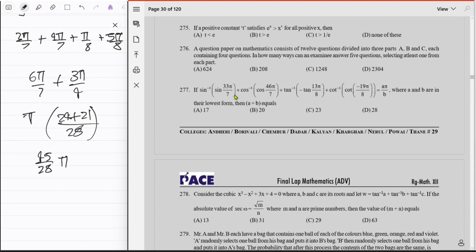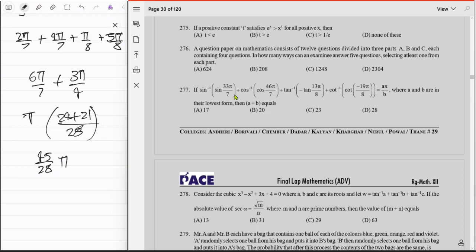Wait, what? 5 and so on should have come. 42 is like 6 pi. Basically, 4 pi/7 is just something in the two quadrants, so it works out. This is the answer.